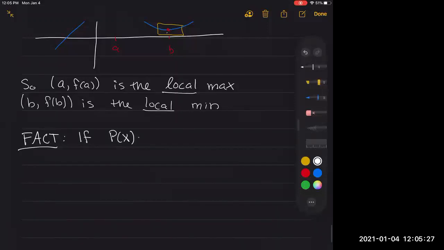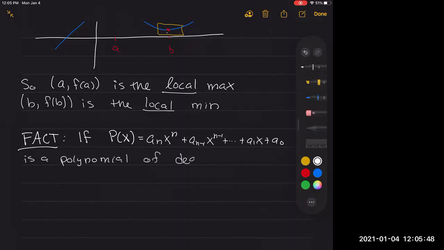If P equals a_n x^n plus a_(n-1) x^(n-1) all the way to a_1 x plus a_0 is a polynomial of degree n, then P has at most n minus 1 local extrema.